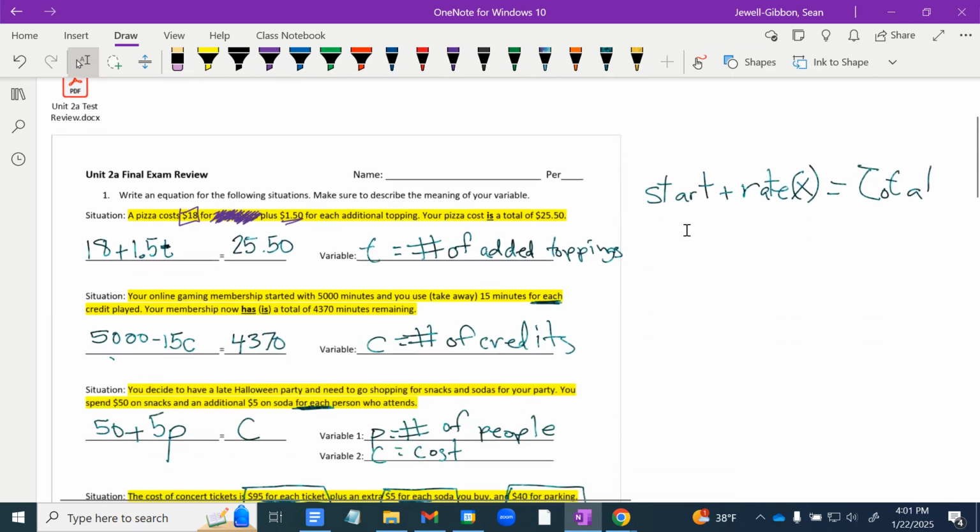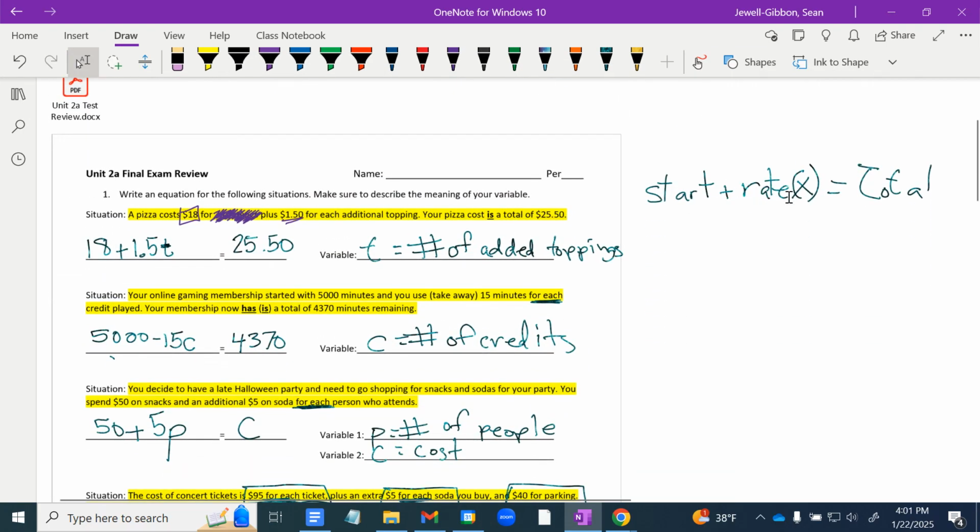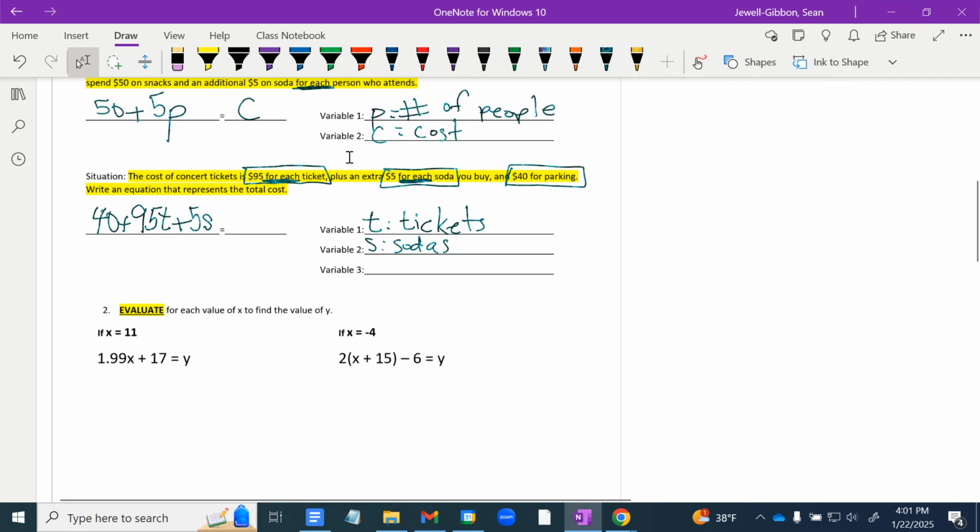Right, so we have to have start plus all of our rates equaling some total. We have not been told how much this is all going to cost. So once again, we'll use C to represent cost. All right, so $40 to park plus $95 for each ticket plus another $5 for each soda will give us our total cost.